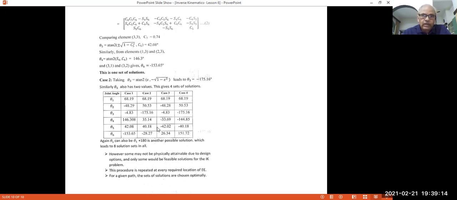Similarly, atan2 of minus of this comma this, whatever are the numbers, that will give you theta 6. Therefore, all the 6 joint variables: first from the geometry for the first 3 joints, theta 1, theta 2, theta 3, and of the rest later by comparison with the matrix elements, theta 4, theta 5, theta 6 are available.